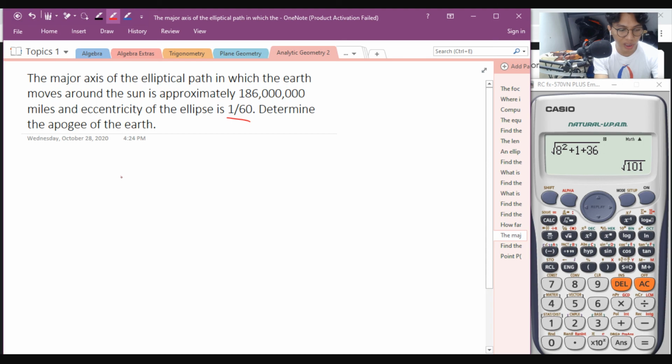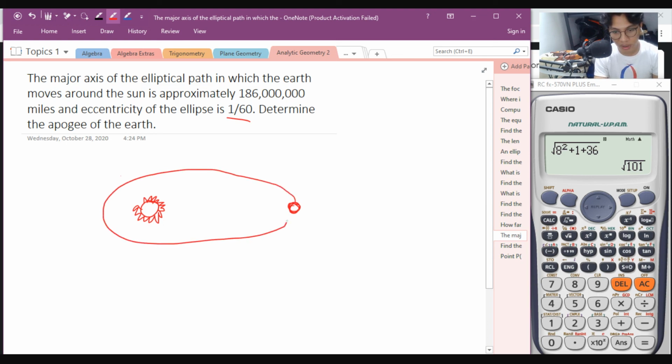Apogee is yung pinakamalayo na distance ng Earth sa Sun. Perigee is yung pinakamalapit. Okay, drawing natin. This is the Sun. Kahit mukha siyang leon. Yan yung Sun. This is the Earth. Okay? Nag-rotate siya sa elliptical path around the Sun.